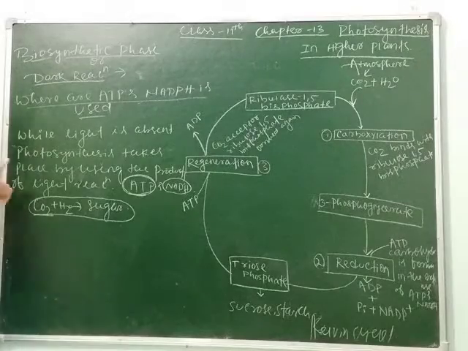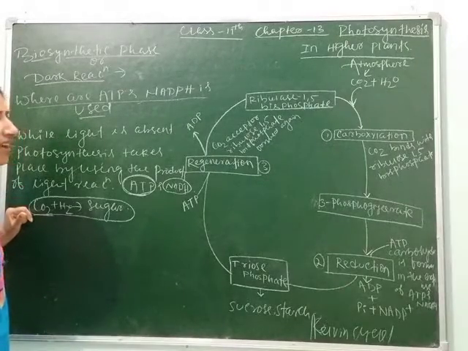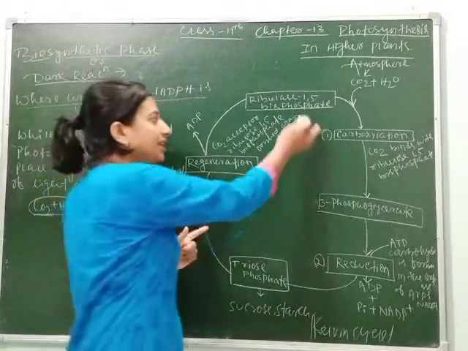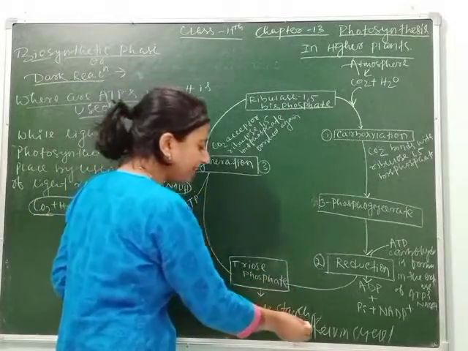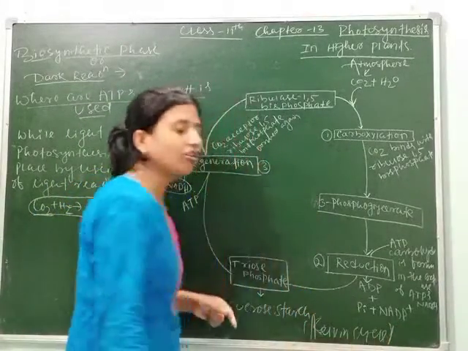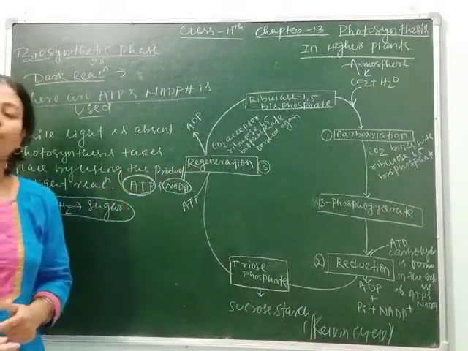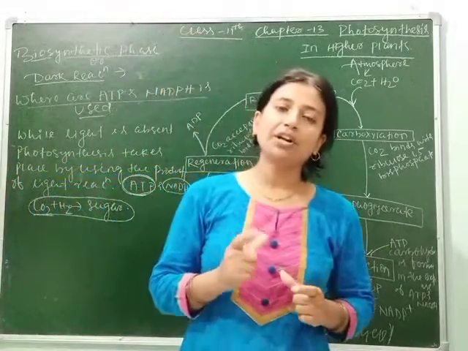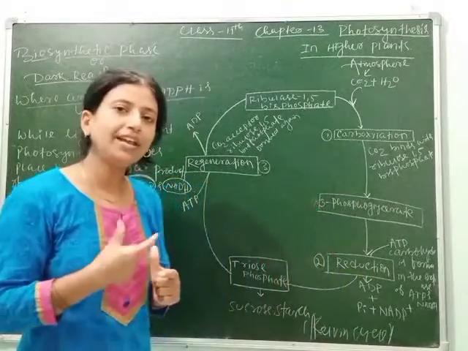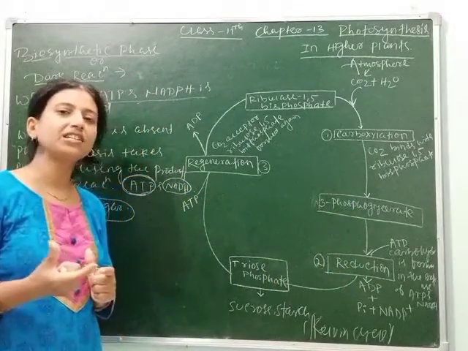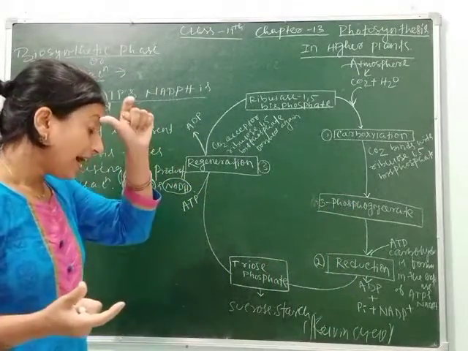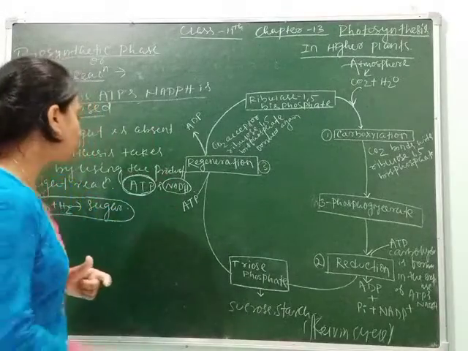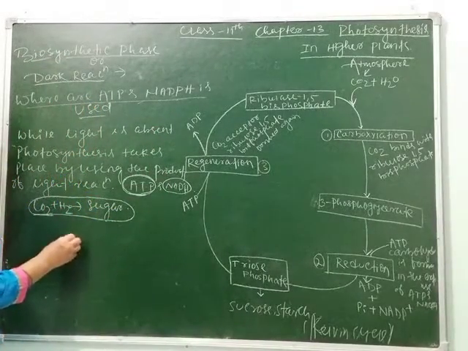The scientist Melvin Calvin, whose cycle we will study later, worked on some plants to know whether photosynthesis takes place and what the product of photosynthesis is. He did his experiment on many plants, on some algae also, and he used the isotope carbon 14.